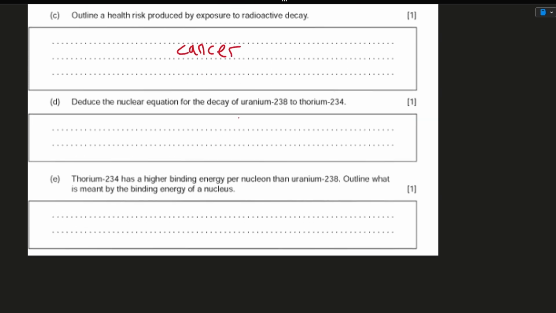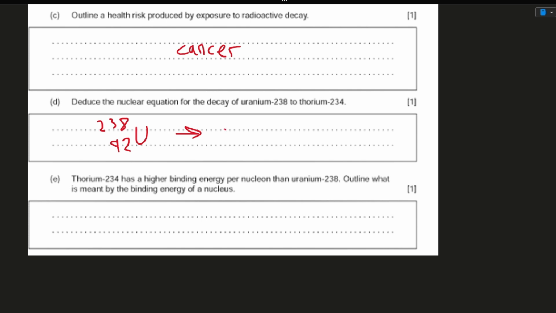Right. Part D says deduce the nuclear equation for the decay of uranium-238 to thorium-234. So obviously we have uranium right here, which has a proton number of 92.